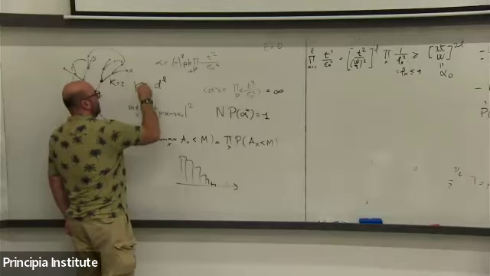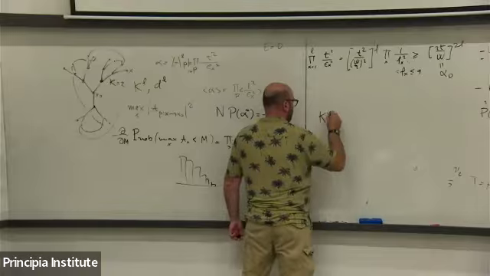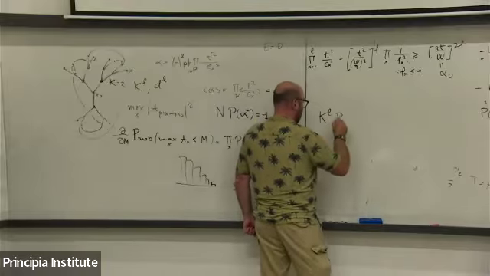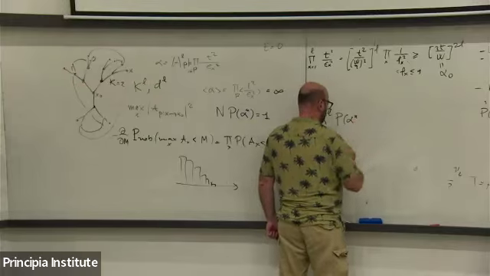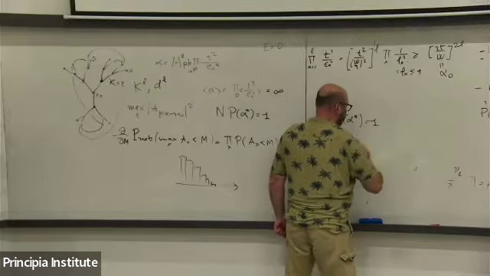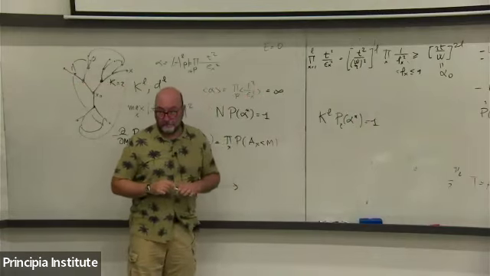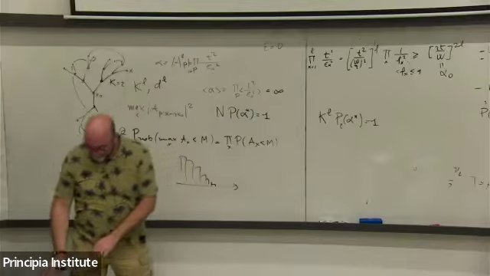So k to the L, times P of alpha star, which depends on L, equal to 1. And you need to solve this. Find the largest solution.